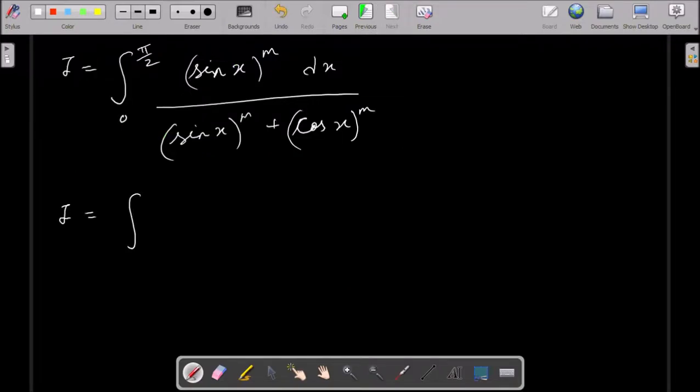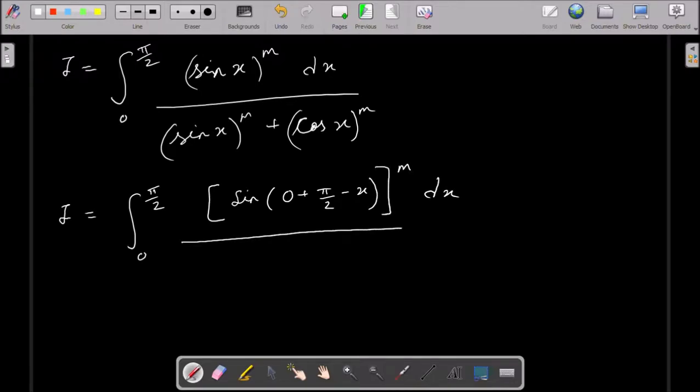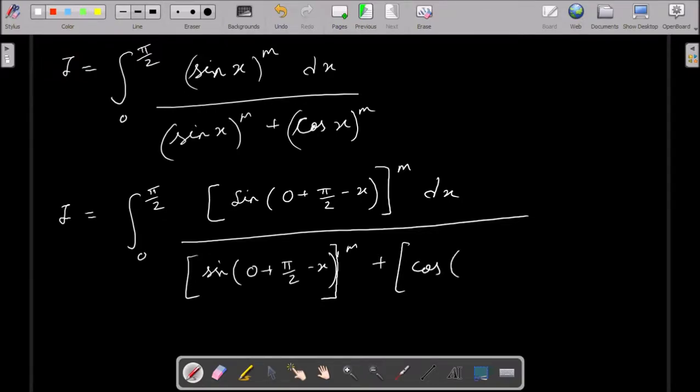I equals 0 to pi by 2 sin of (0 plus pi by 2 minus x) to the power m dx upon sin of (0 plus pi by 2 minus x) to the power m plus cos of (0 plus pi by 2 minus x) to the power m. Now 0 plus pi by 2 is pi by 2 only.